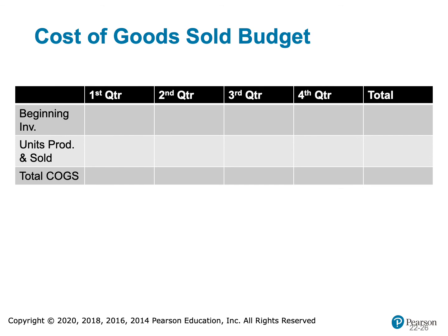If maybe you have your sales budget in front of you, you don't have to. But remember, these were our budgeted sales for each quarter. In the first quarter, we were going to sell 500, and then 550, and then 600, and then 650. I just like to write that up there to remind me.